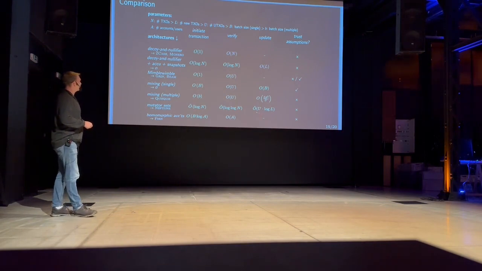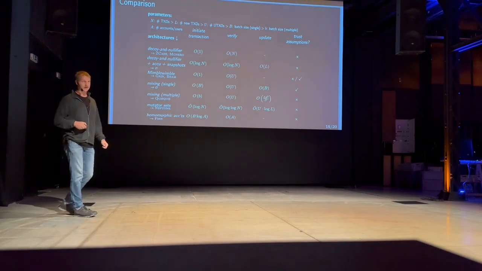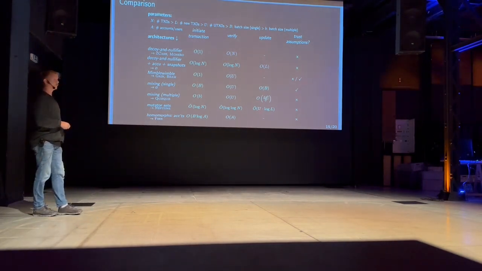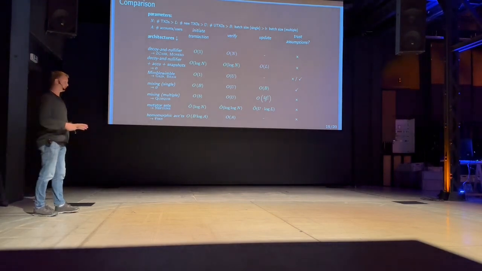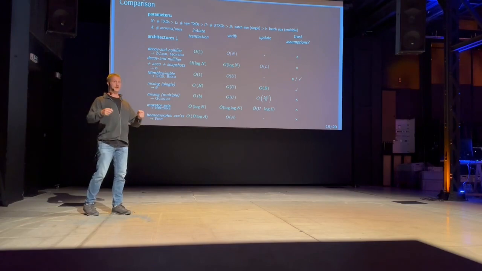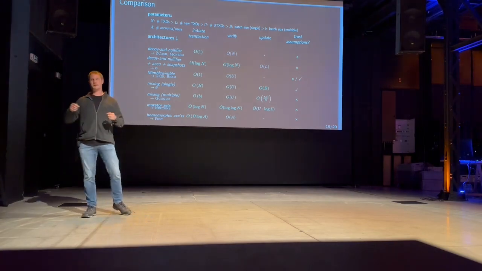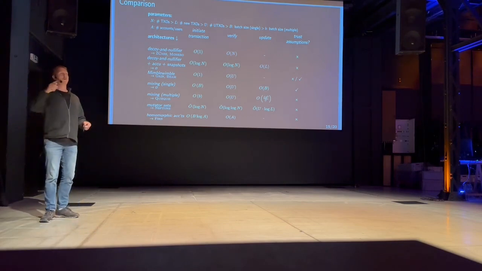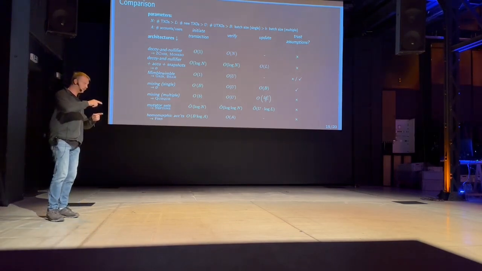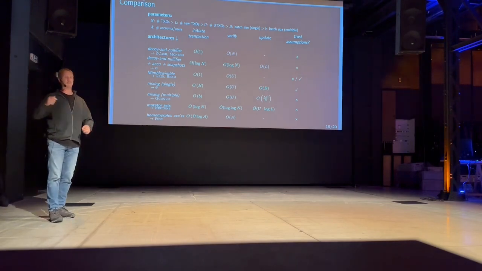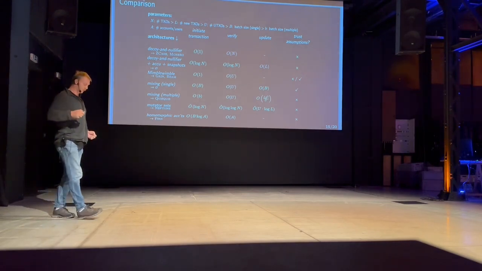It's important to note that mutator sets don't scale quite as well as I would like. There is this factor U, which is a worst case U. The cost of updating your witness scales linearly in the worst case with the number of unspent transactions at the time that you inserted your UTXO.